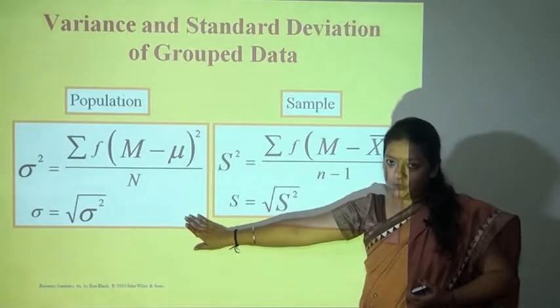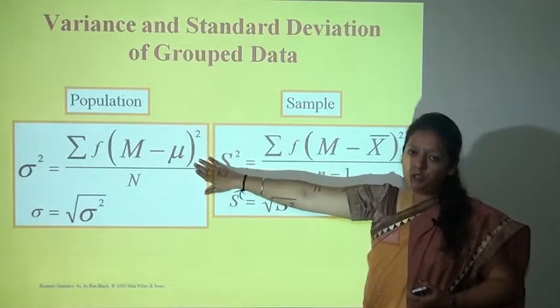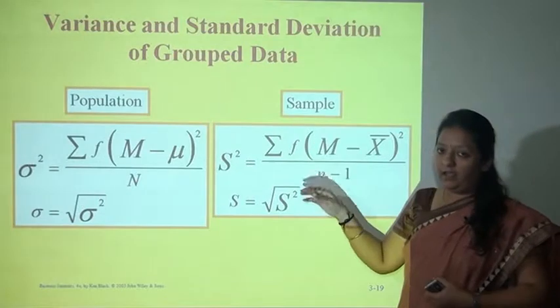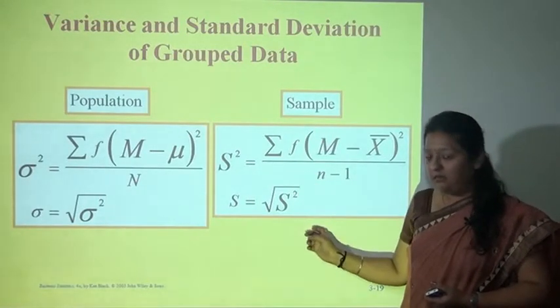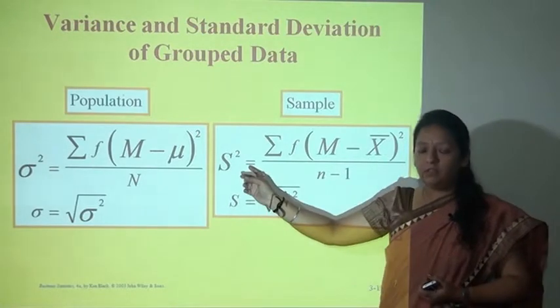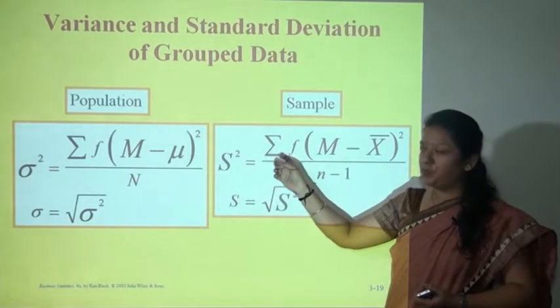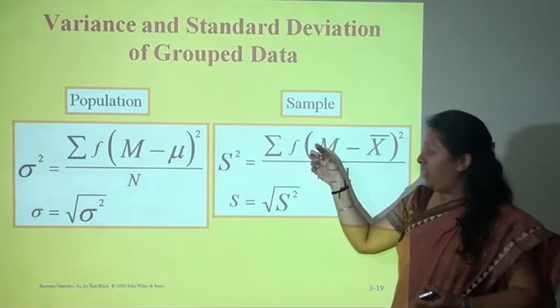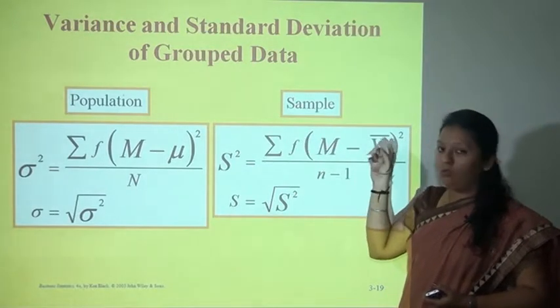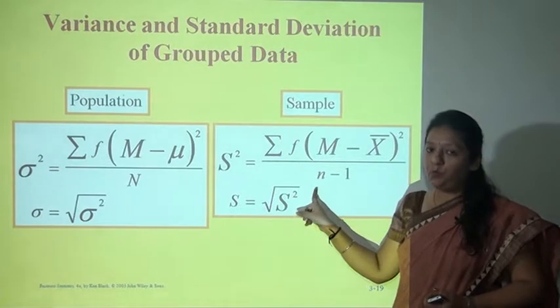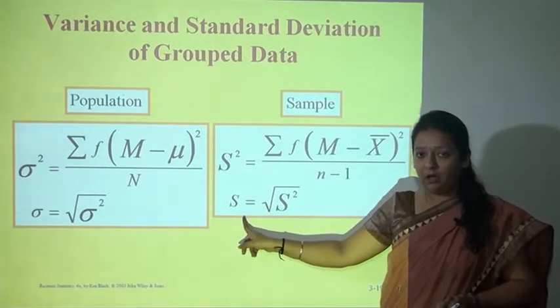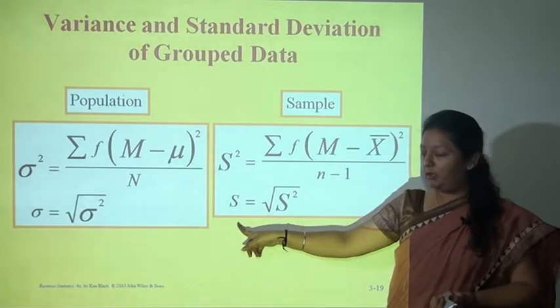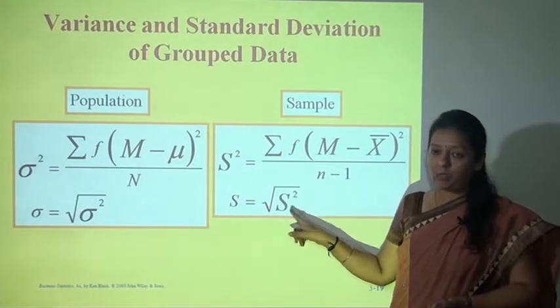This is the population standard deviation, and this is the population variance. In the same manner, the sample variance is s square equals sigma f times (m minus x bar) whole square, divided by small n minus 1, whereas the sample standard deviation is calculated using the square root of s square.